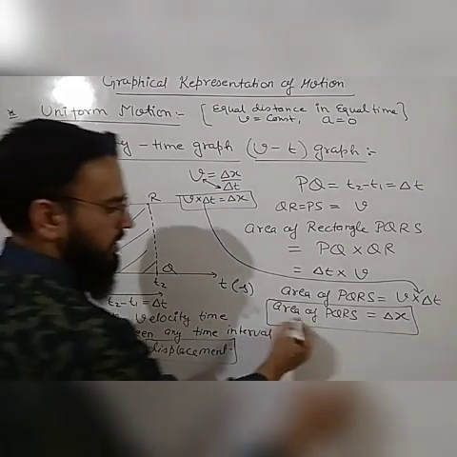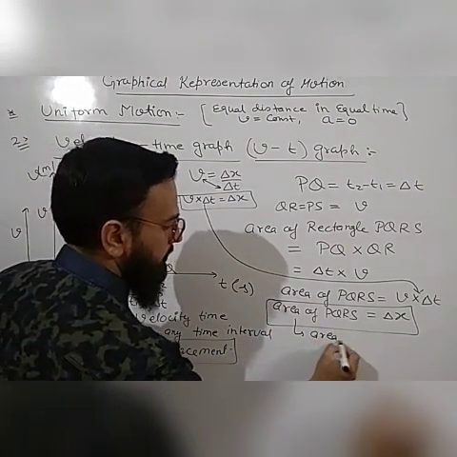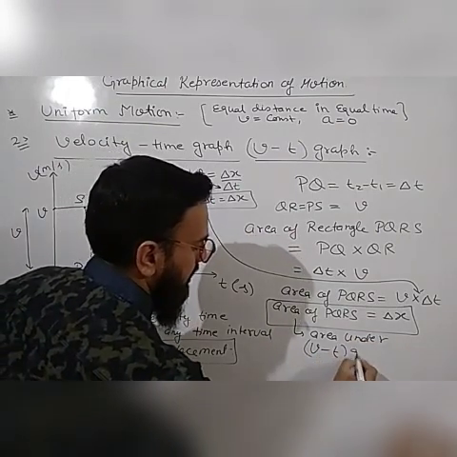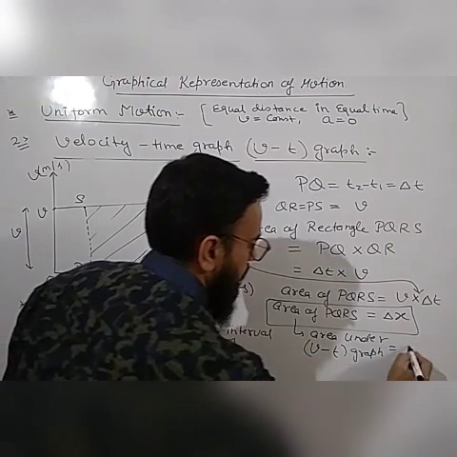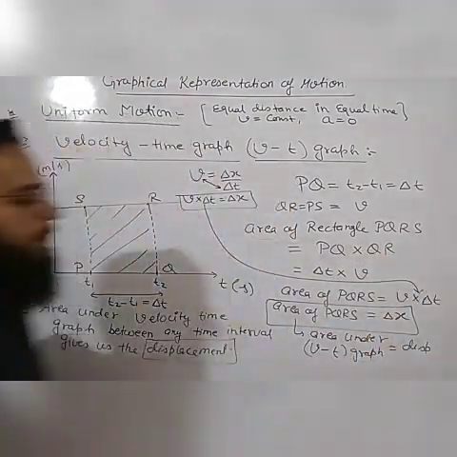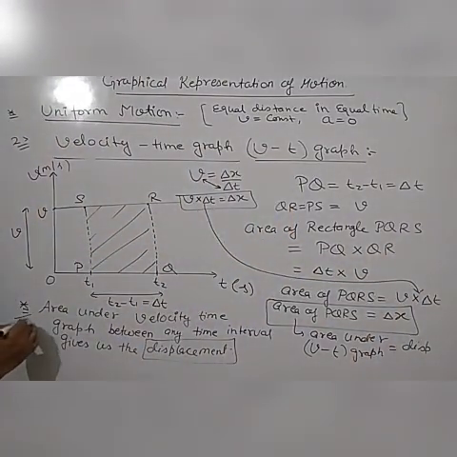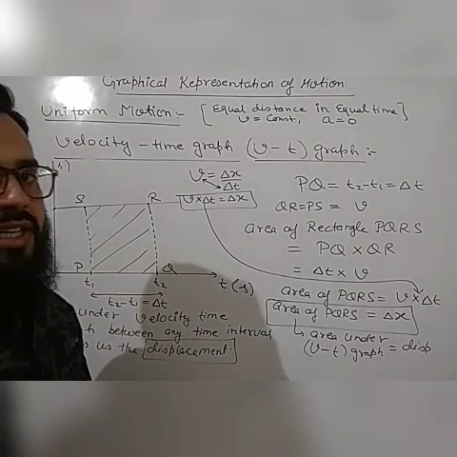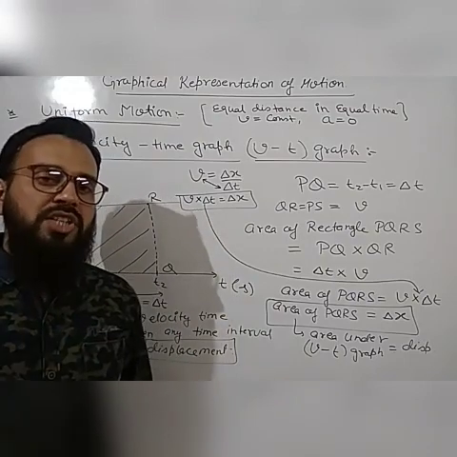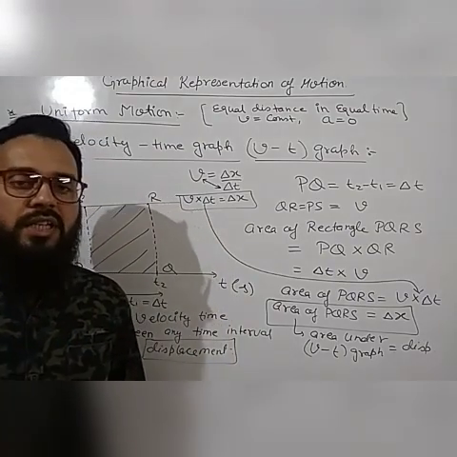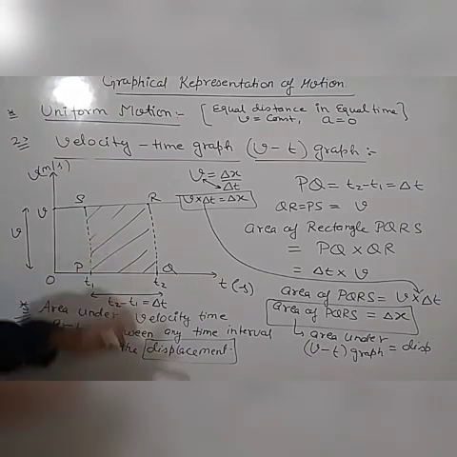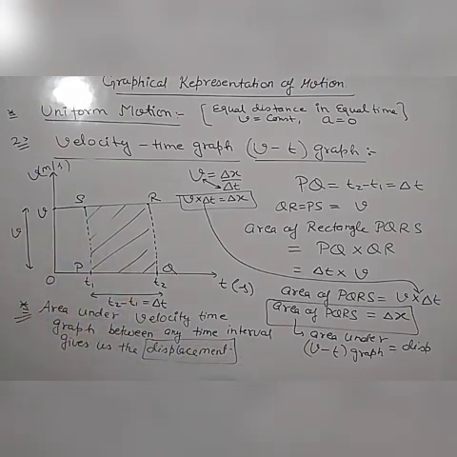This is the area under the velocity time graph, which is equal to displacement. So you have to remember this point. This is the most important point. In the previous one, when we drew the position time graph, the slope of the position time graph gave us the velocity, but the area of the velocity time graph gives us the displacement. Clear?